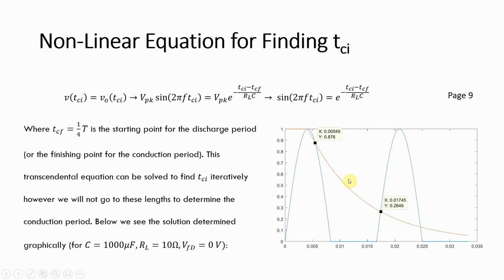Now, one thing about these two waveforms is that we have the equation of this one and the equation of this one as well, but their origin or their reference is different. The equation for this one, if you remember, was V peak times e to the power negative t over tau, where tau was the time constant, and for this one it's just V peak times sine of omega t.